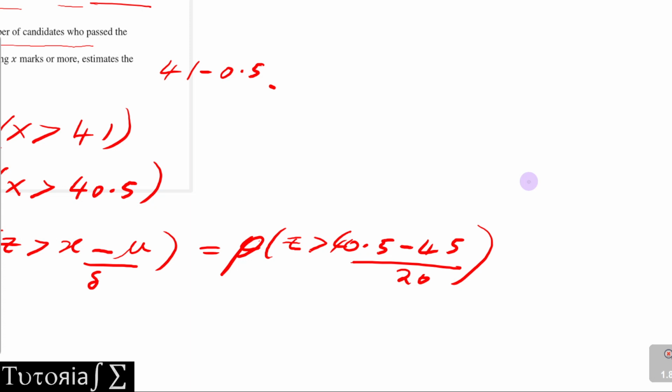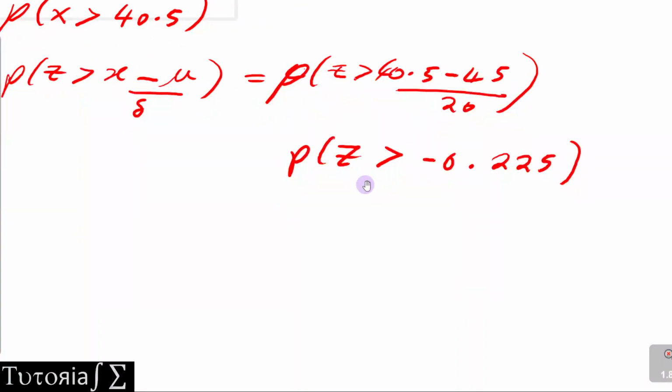So 40.5 minus 45, giving you negative 4.5 divided by 20. So we're looking for the probability of Z greater than negative 0.225. Okay, so we have that.